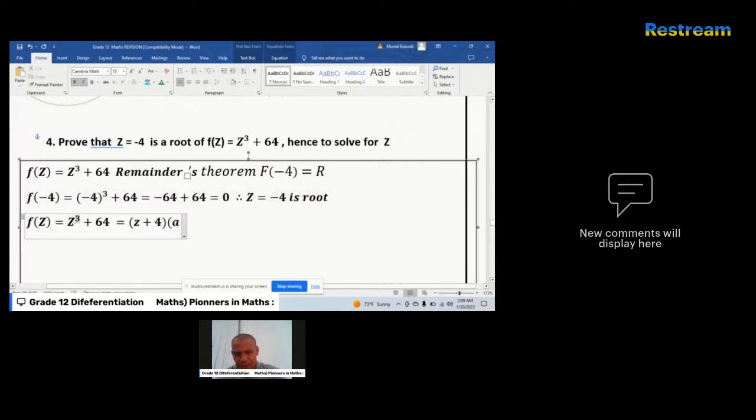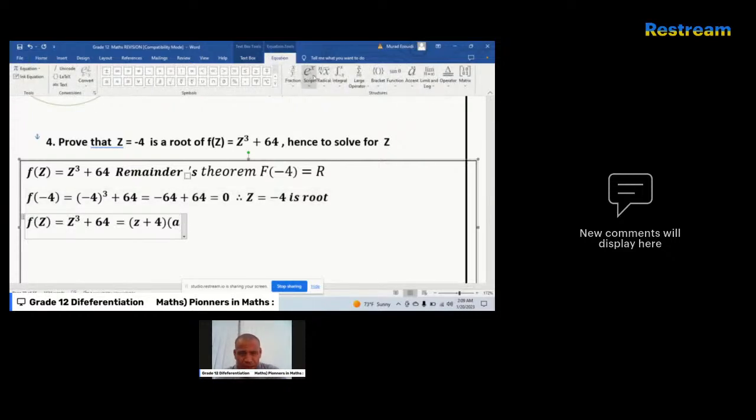I will write it here, a z square plus bz plus c.